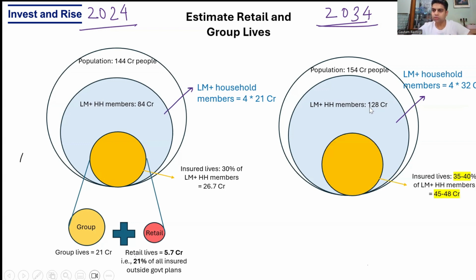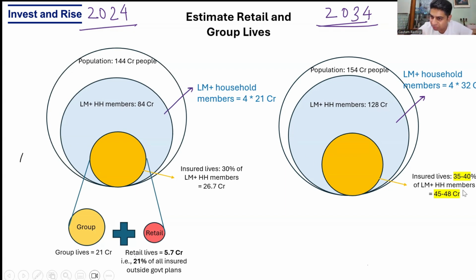Now I'm taking an assumption: the number of people insured outside of government plans, that is covered by retail and group insurance, increases from 30% of these lower middle and above household members today to around 35-40% 10 years from now.